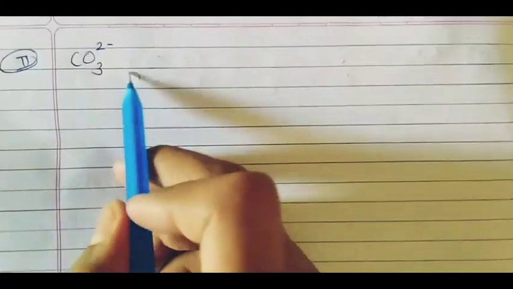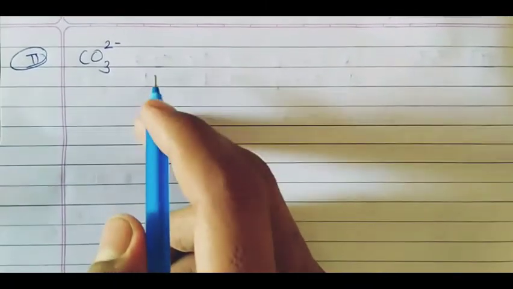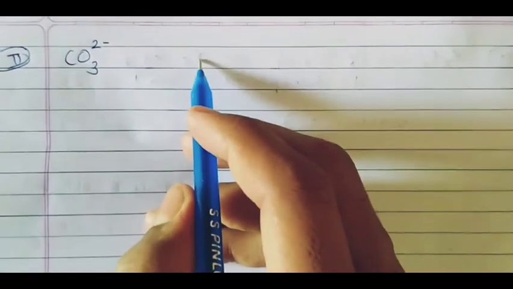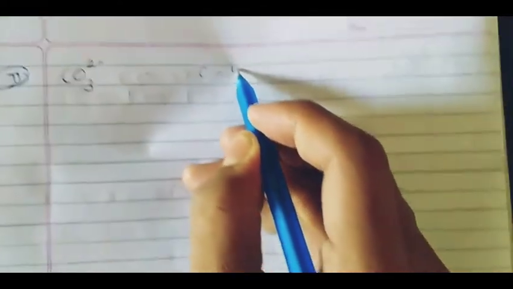Let us take the example of CO3 2 minus. In this we first calculate the total number of valence electrons. Carbon belongs to group 14, so its valence electron will be 4.